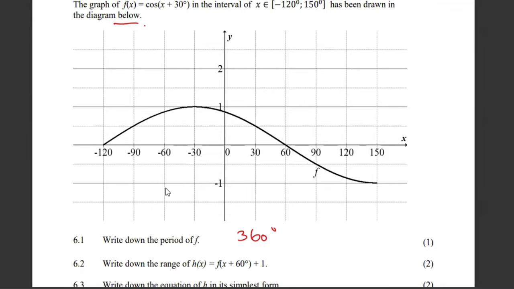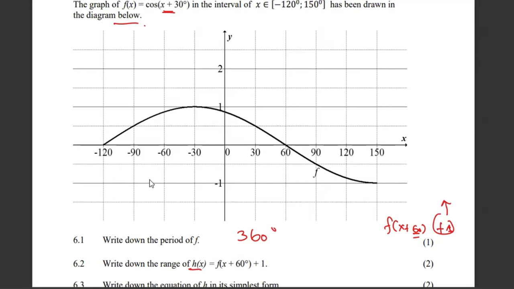And then we need to move on to the next one. They want us to write the range of h of x, if h of x is the same as f of x plus 60, plus 1. So what are they doing? They are shifting this graph 60 units to the left, and then they move it 1 unit upwards.